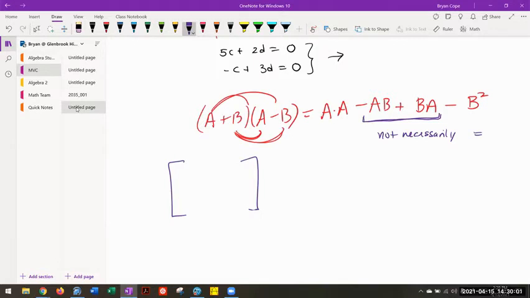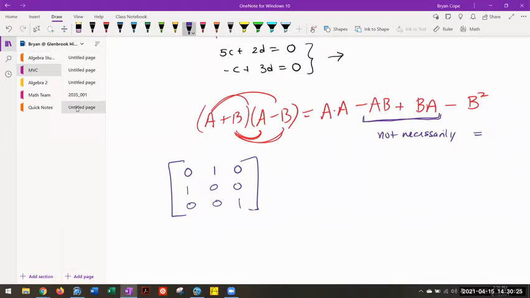Is it 0, 1, 1, 0? Good. And then do the rest. 1, 0, 0. Sure. And the last row. It can't be 0, 0, 0. It's got to be 0, 0, 1.